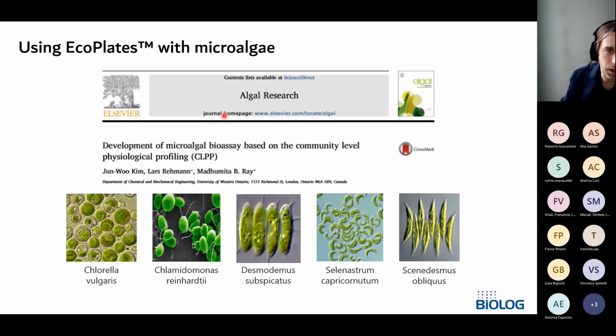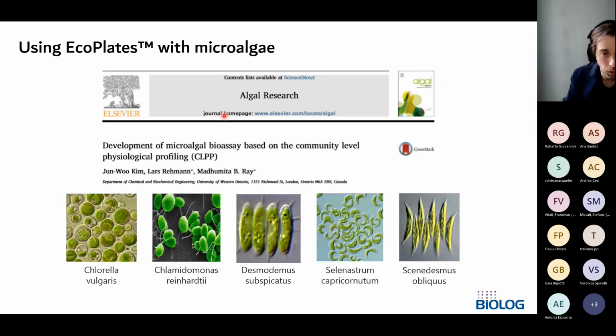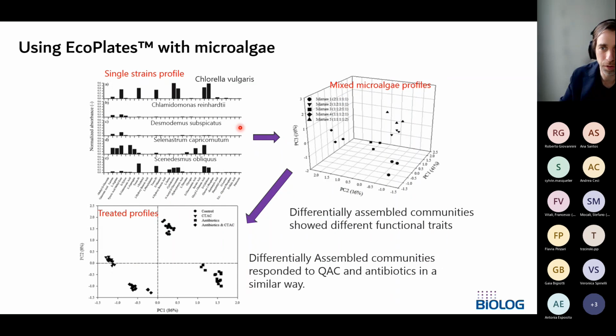And I just want to show that it has also been used with mixotrophic microalgae, to provide a characterization of them and to understand their ecological differences, the niche of each of these microalgae tested in this very nice paper. All these algae that you see here were tested and then analyzed for their functional niche.